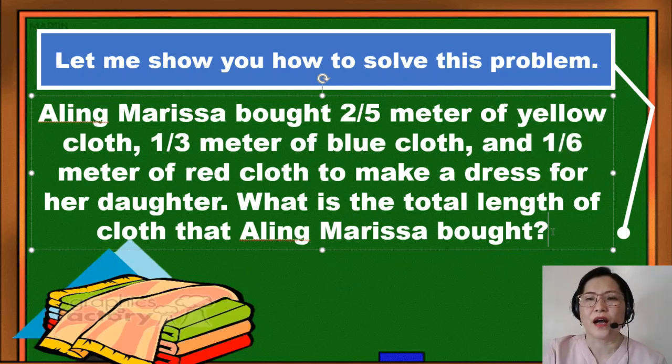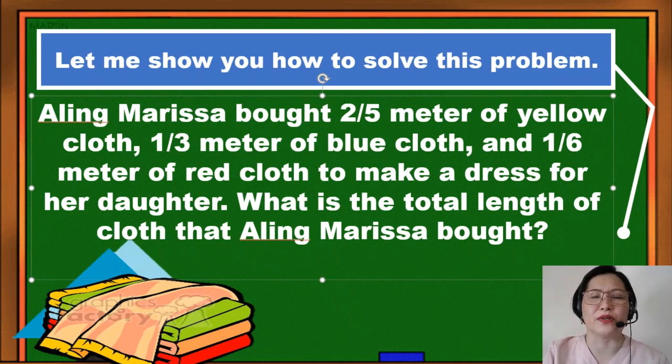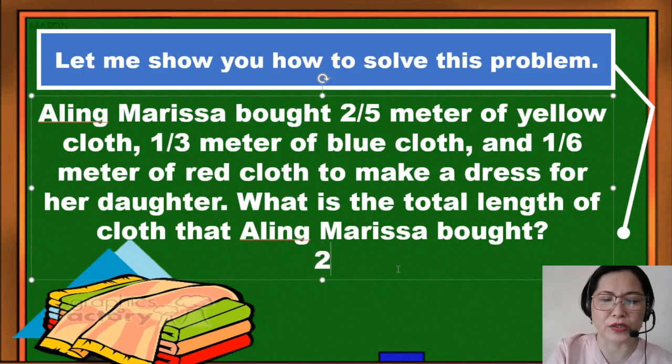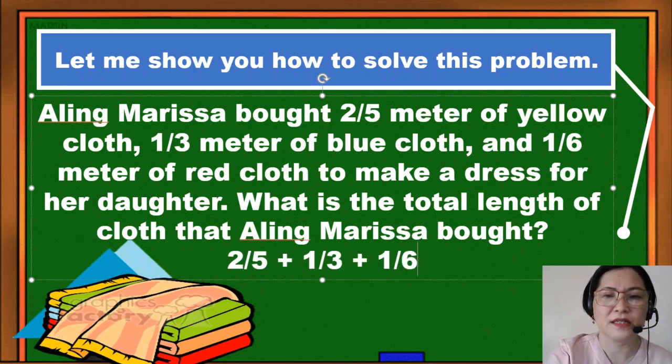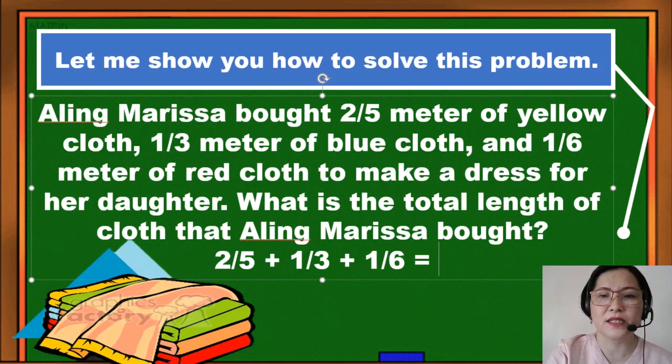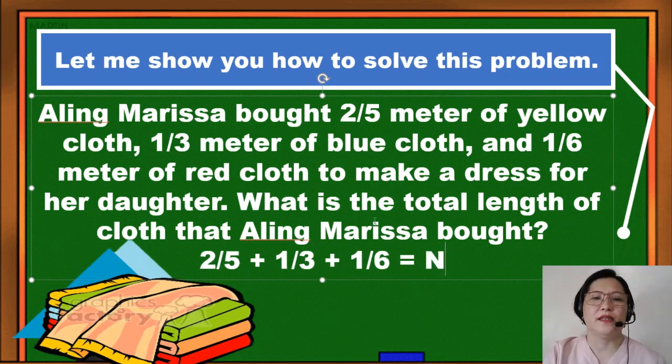So, after identifying the numbers, you are going to write them now in order to formulate your number sentence. So, you are going to write 2/5 plus 1/3 plus 1/6 equals, and that's it.